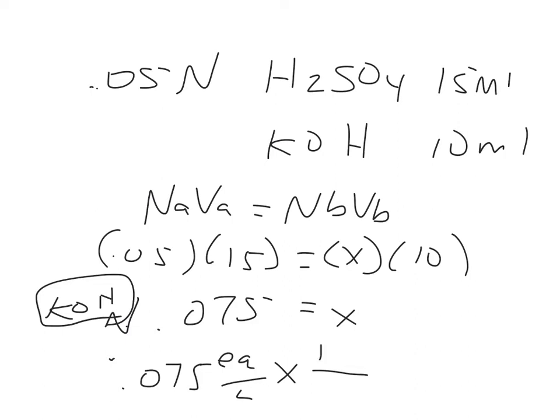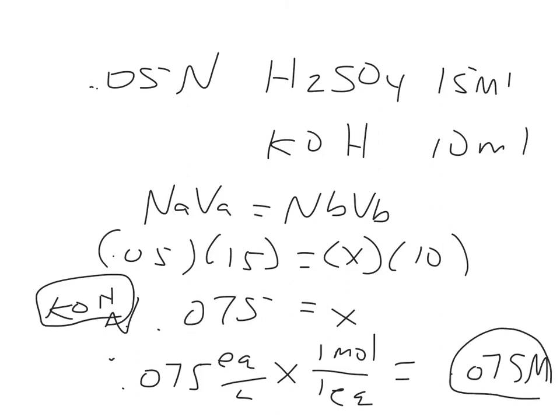So 1 mole has 1 equivalent. The equivalent, again, is the number of OHs. Multiply that out, and 0.075 molarity is my answer for the problem. It is much shorter and much easier to do the problems in this form.